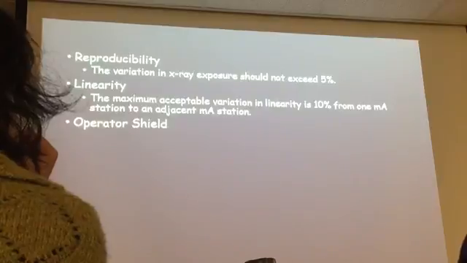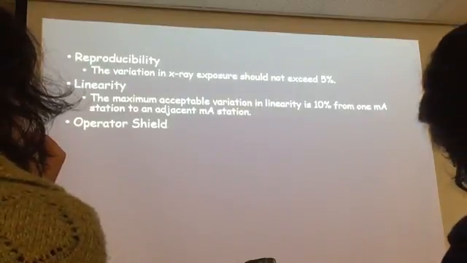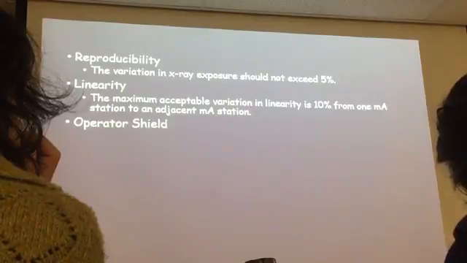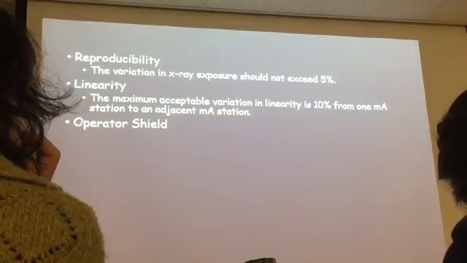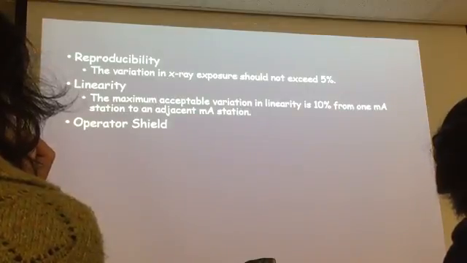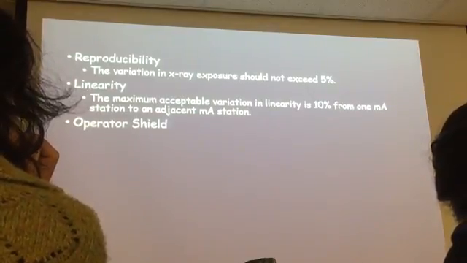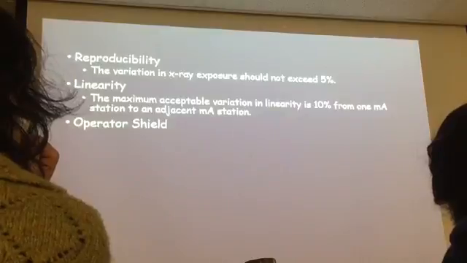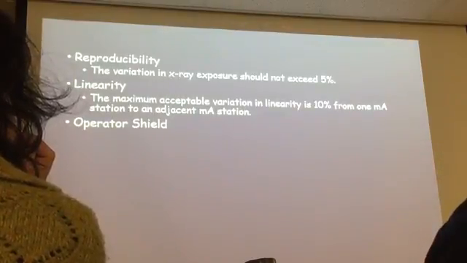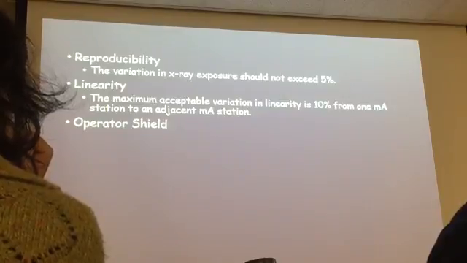That operator shield typically will be a primary barrier. It doesn't have to be. If you cannot turn the tube and face that way, they are not going to make it primary. But typically it's a primary, just to double protect the technologist, but it doesn't have to be. The technologist has to be there, behind the operator shield.